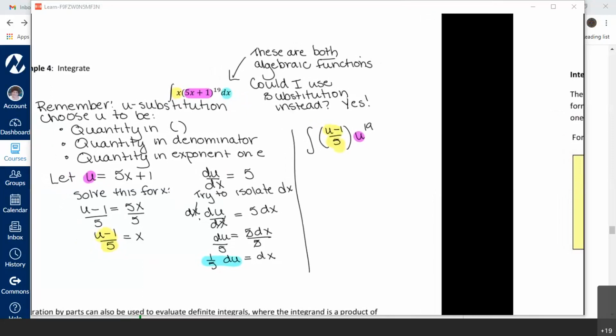And then the last bit is the 1/5 du. That's the dx. Everybody all right with the substitution?